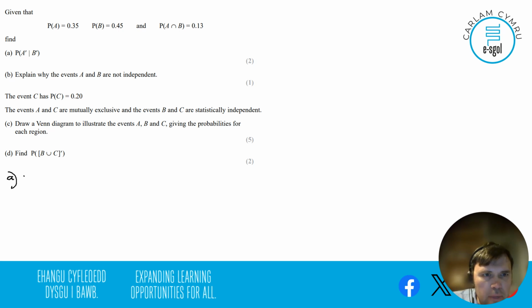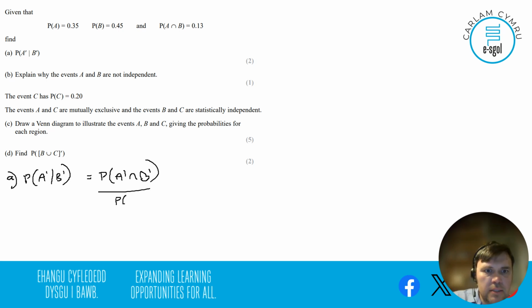Well, the probability of not A given not B is the probability of not A and not B over the probability of not B. And again, we can easily work out the probability of not B is equal to 0.55, because it is just 1 minus this, so it's 0.55.